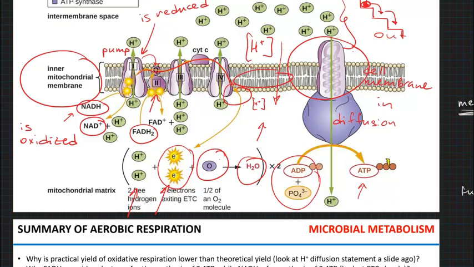Say again? What do you mean by leftover? Okay, you're saying we have extra electrons. It's not extra, we just have electrons. They have to be attached to something, and this something is the final electron acceptor, which in case of aerobic respiration is oxygen. Are you with me so far?